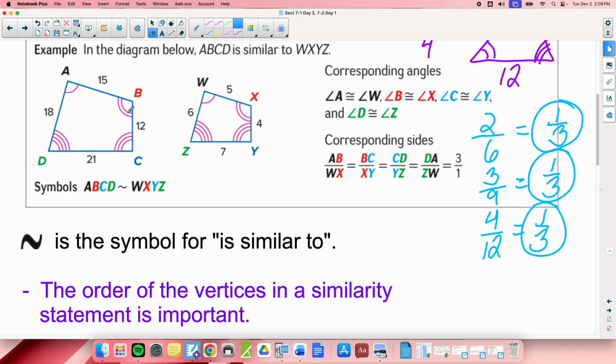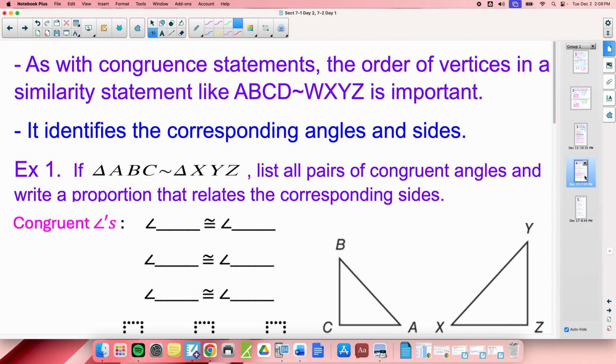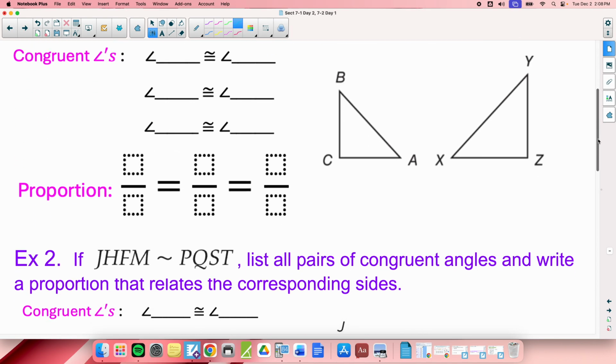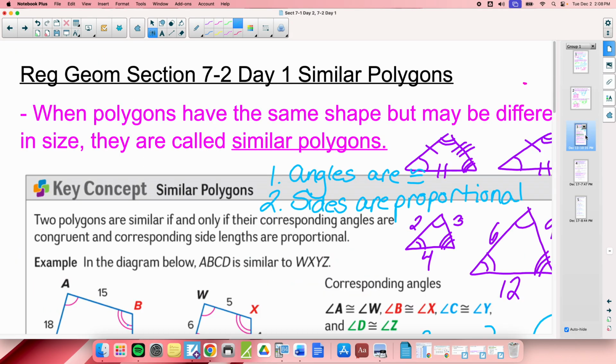And then this right here is called a statement of proportionality. Sometimes you'll see it in my notes where it just asks you for the proportion. That's what we're asking about.